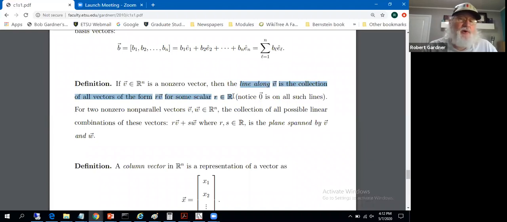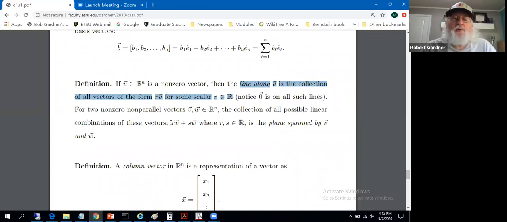Now I start trying to draw pictures. I have some problems seeing a line if I try to interpret this collection of vectors as a line, unless I put those vectors in standard position. Remember standard position? Put their tails at the origin. Then I can actually see a line.